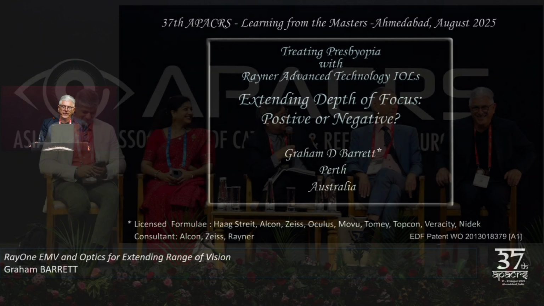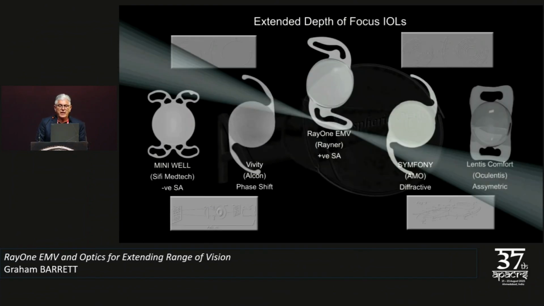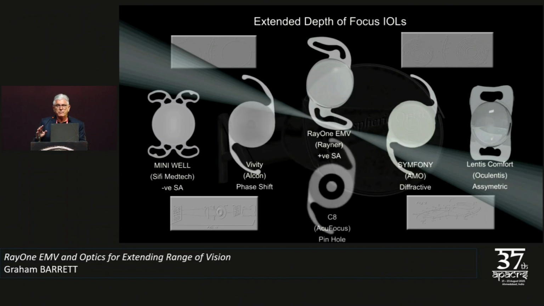Ray 1 EMV. My talk today is going to be on extending depth of focus, and I raise the question, should this be positive or negative, talking about some of the optics. People often ask me, what made me choose spherical aberration as my first choice for extending the depth of focus? There are several reasons.